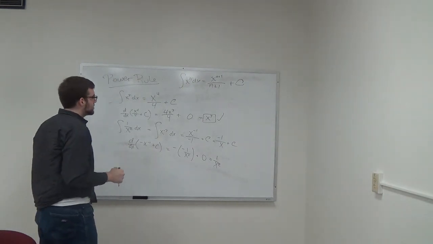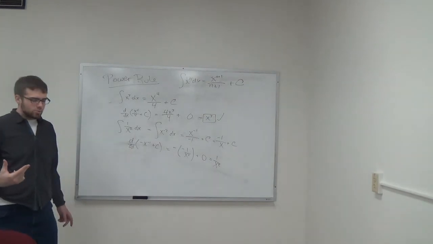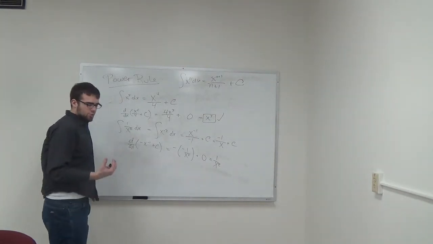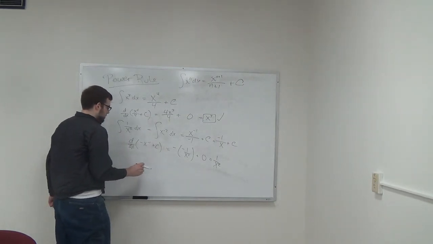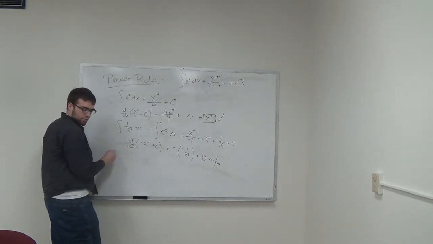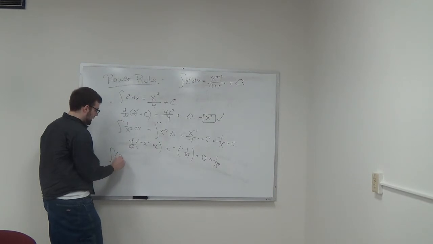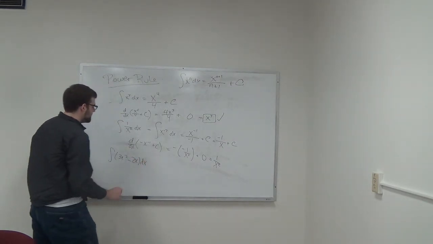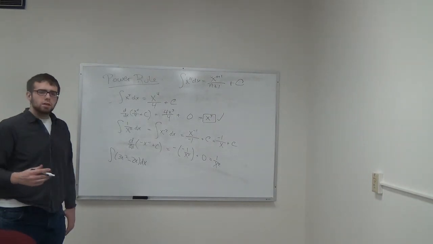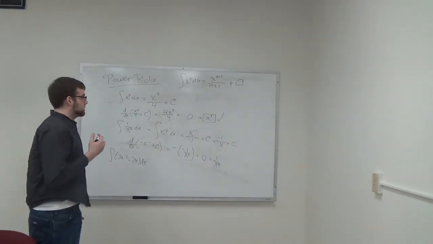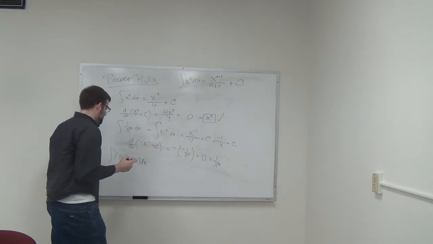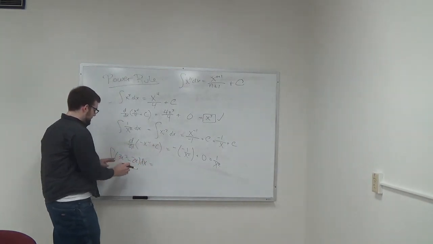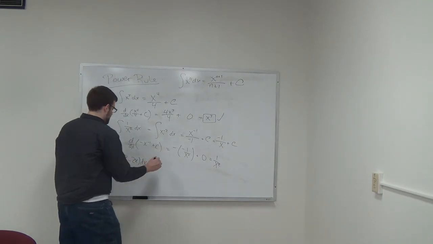And just to give us practice with the sum/difference rule, we're going to do one final integral. So we have the integral of 3x squared minus 2x dx. So if you remember from the sum/difference rule, we can separate this polynomial into two parts.